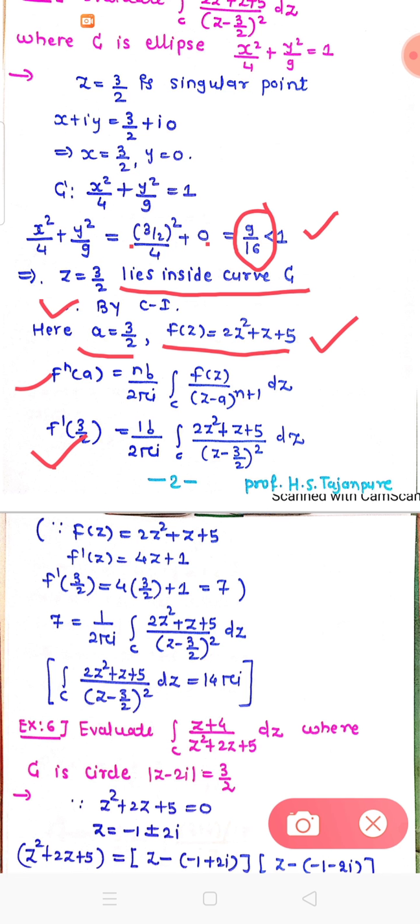The suitable value of n will be 1, so it is f dash of 3/2. Take the derivative of f of z, that is f dash of z, and then replace z by 3/2. So we get f dash of 3/2 equal to 7.